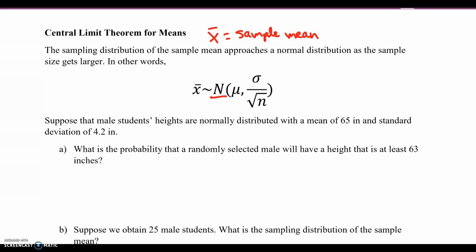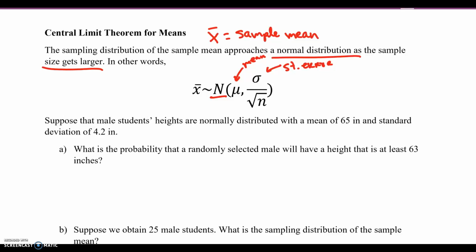So the sampling distribution of the sample mean approaches a normal distribution as the sample size gets larger. In other words, x bar is normally distributed with this being the mean of the sample mean, and this being the standard deviation, or the standard error, of our sample mean.